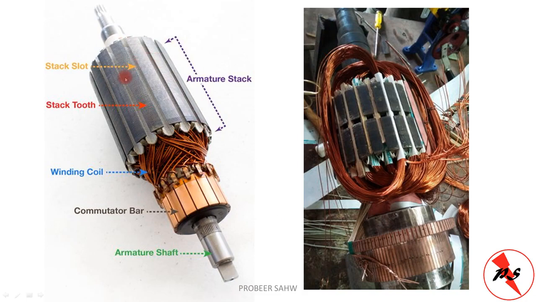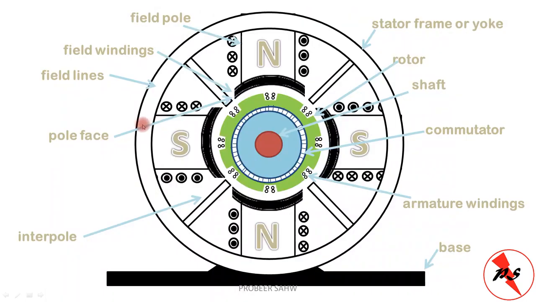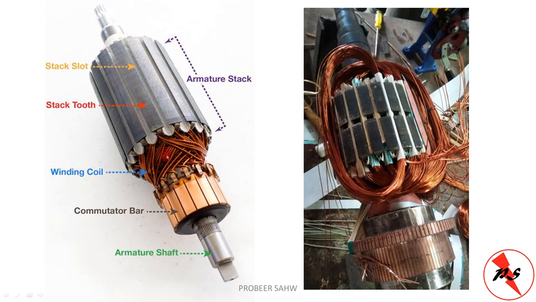Apart from the armature, we have just seen that there is a commutator. This is the shaft, which is a long cylindrical forging. On this, armature slots are produced. This is the armature stack.